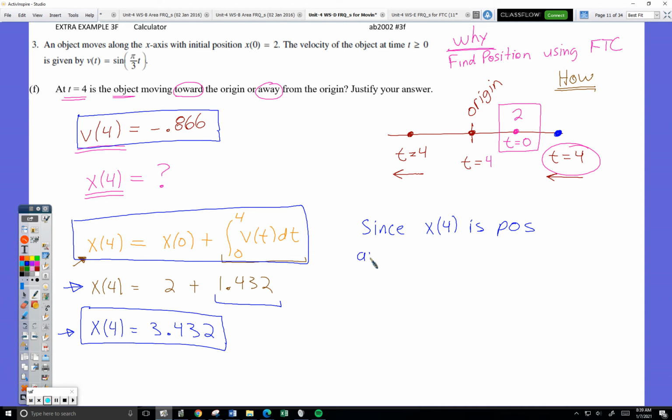And v of 4 is negative, which tells me the particle is moving left. Therefore, the object is moving towards the origin.